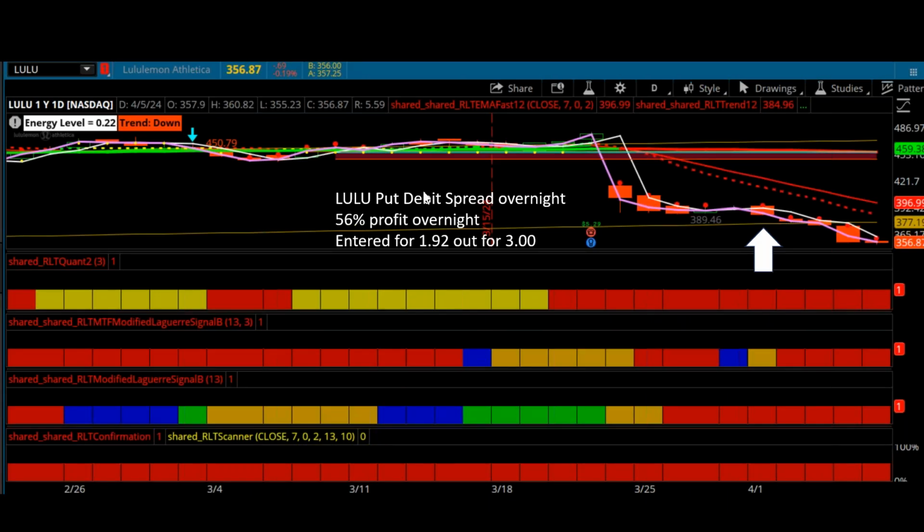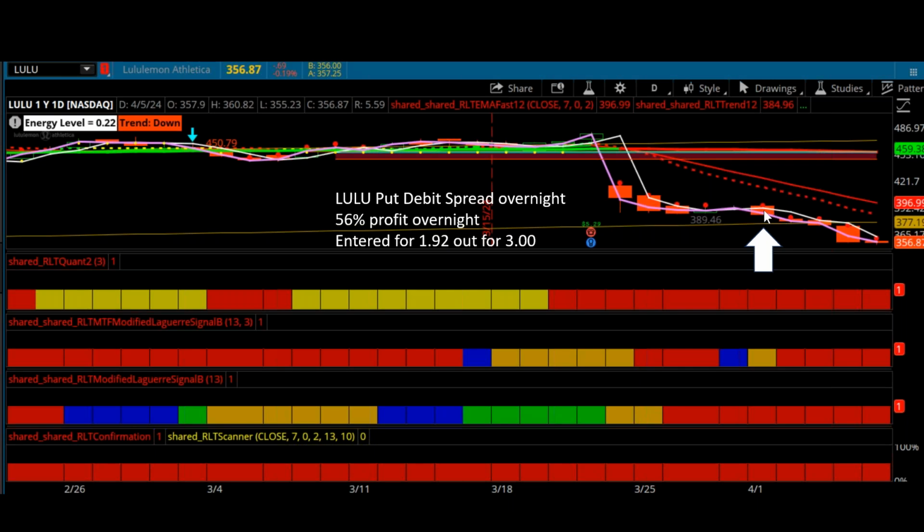All right, so this was a Lulu. Now here we look at more indicators. We're looking for a breakdown on Lulu, and we had a nice overnight breakdown. But you notice how everything here is yellow or red. So this is what we want. We want these aligned when we're taking a longer term trade. We want the multi-time frame momentum and the current time frame momentum to both be bullish or bearish, yellow and red, and they were both bearish right here.